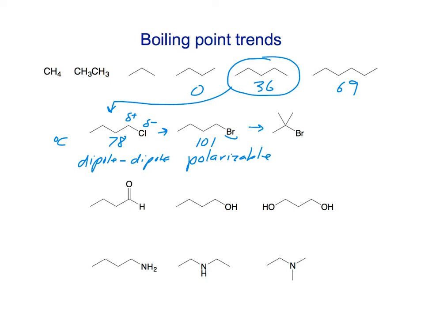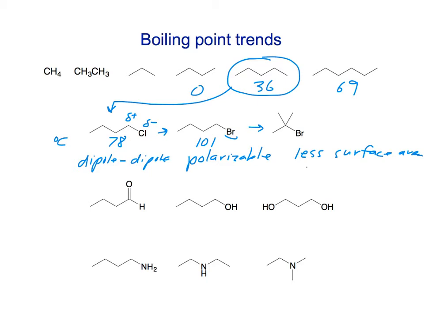What if instead of having this straight chain of carbons, we have it all branched like this one on the right? Okay, in this case, we'd expect there to be less surface area. And what's that going to do to the van der Waals attraction?